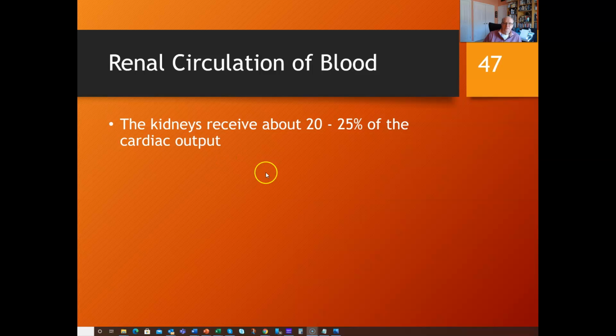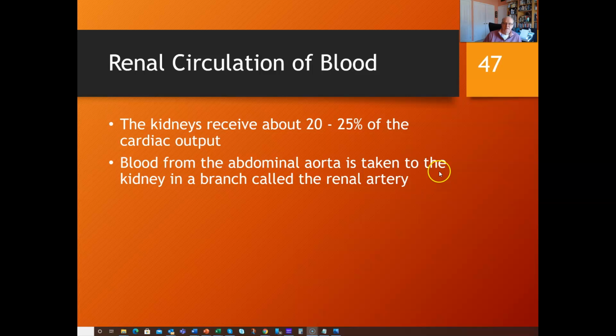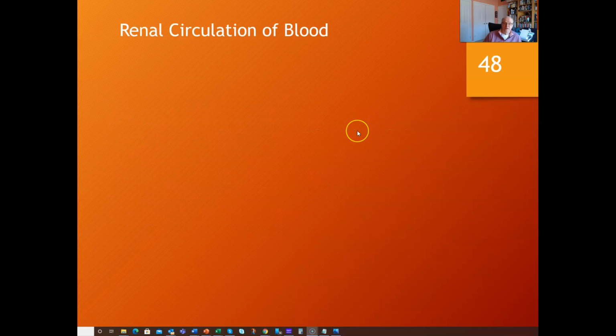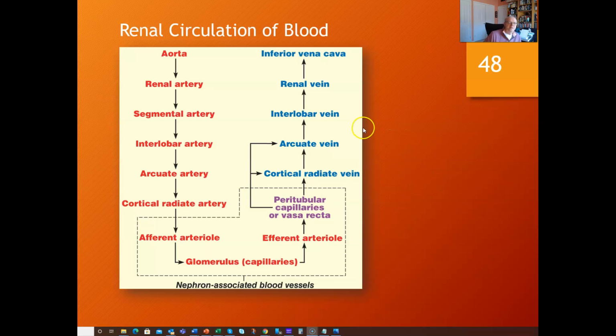Okay, so here we talk about the blood supply to the kidneys. 20 to 25% of the whole cardiac output at any one time. And these are the arteries that it travels down. Now, we're not really going to do much about these, but you would if you did the real lab. But we start with the aorta, then we have the renal artery going into the kidney, which then becomes the segmental artery, the interlobar artery, the arcuate artery, and the cortical radiate artery.